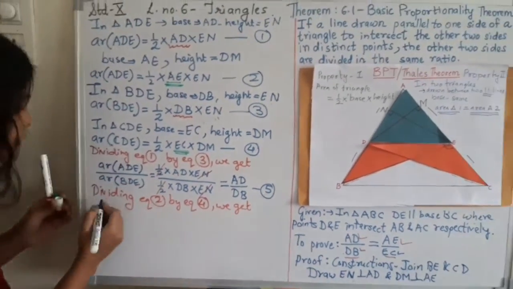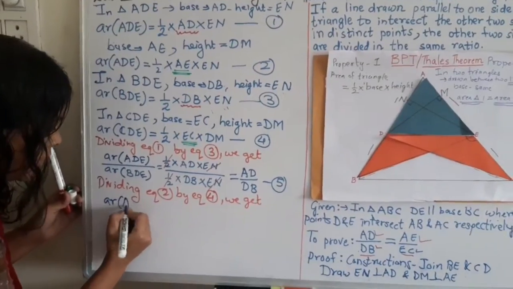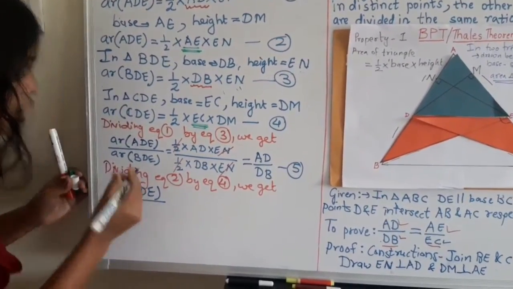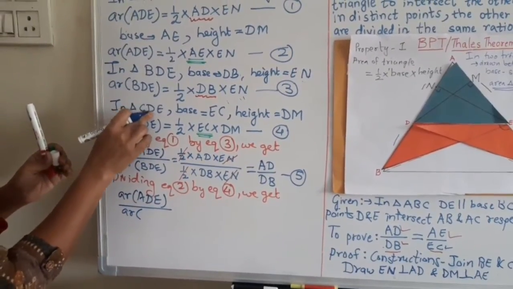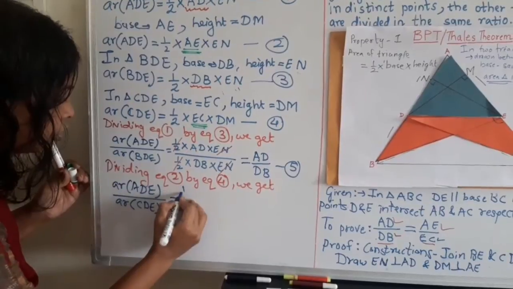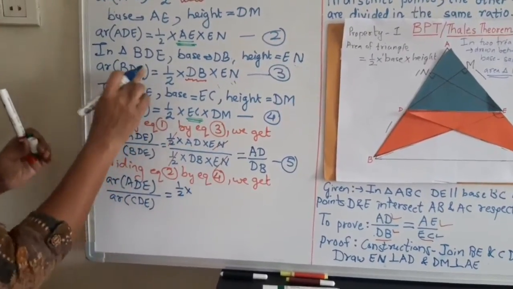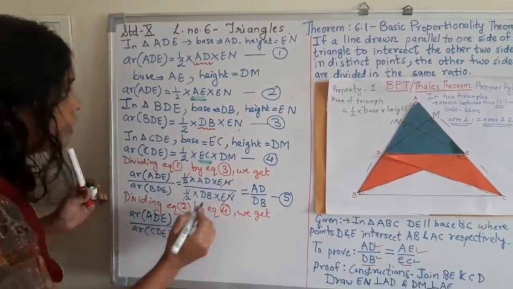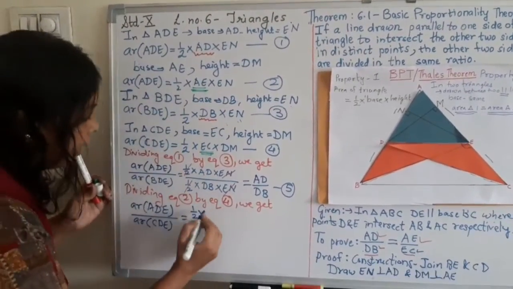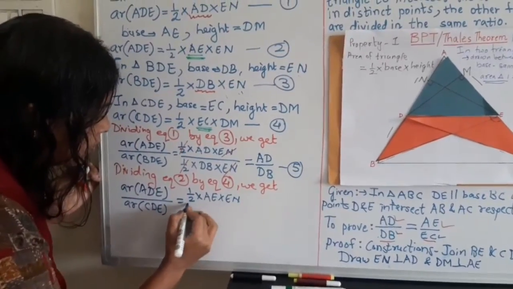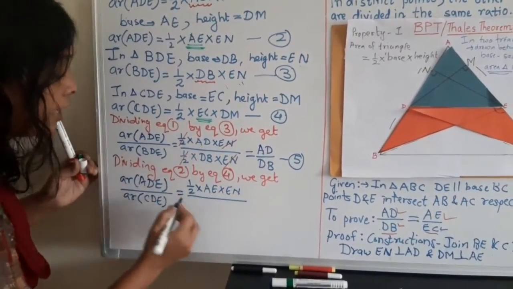area of ADE upon area of, see here, fourth equation CDE. CDE is equal to half into, what is the RHS of this second equation? AE into EN.